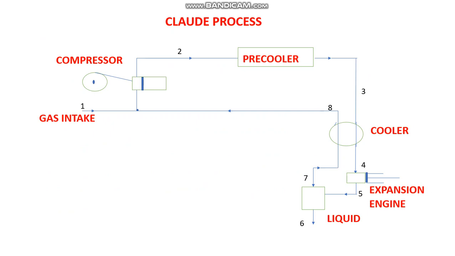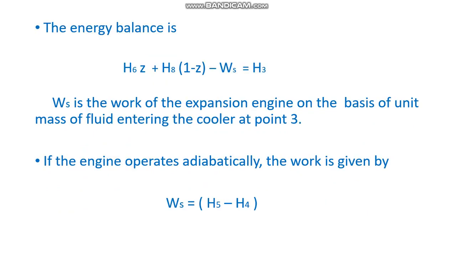If the expansion engine operates adiabatically, then the work is given by Ws equals H5 minus H4. In this way, we can represent the equations for the Claude liquefaction process.